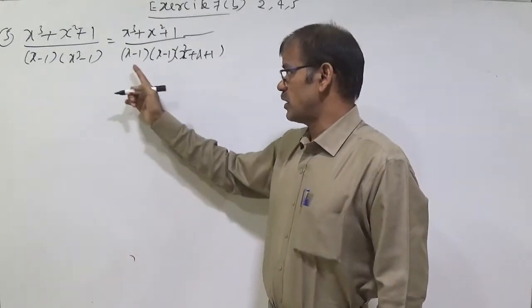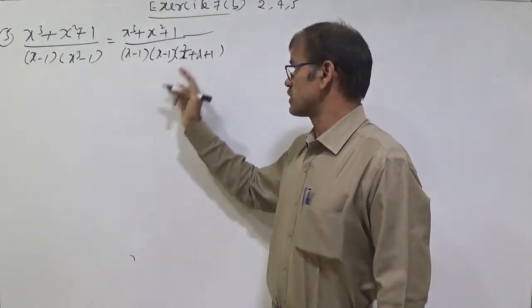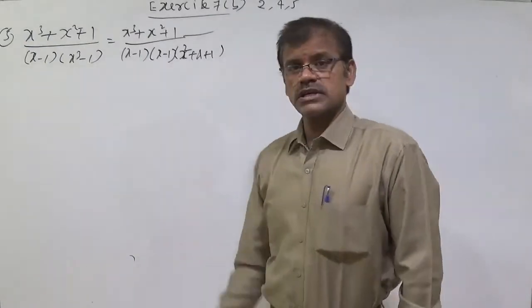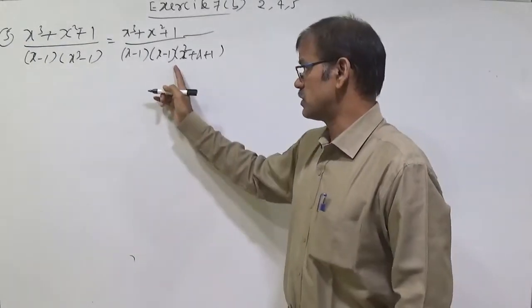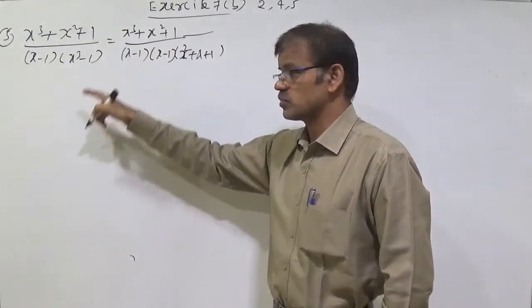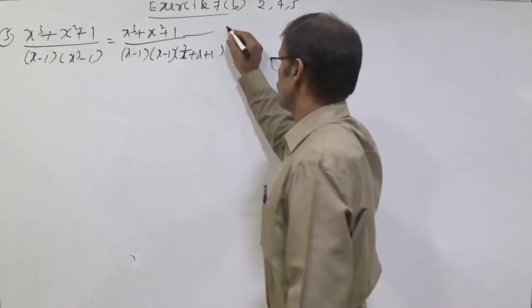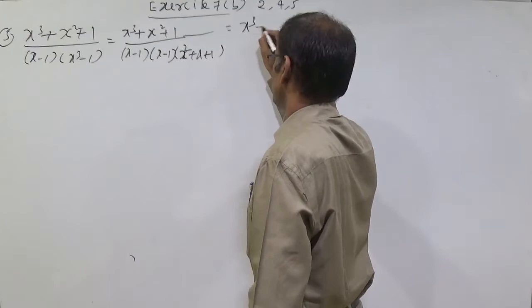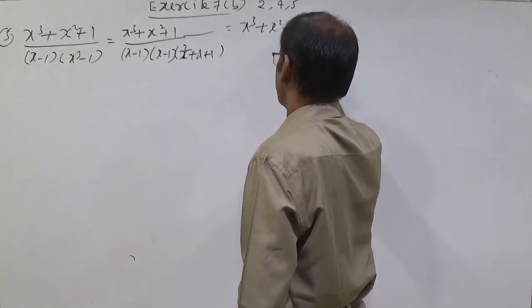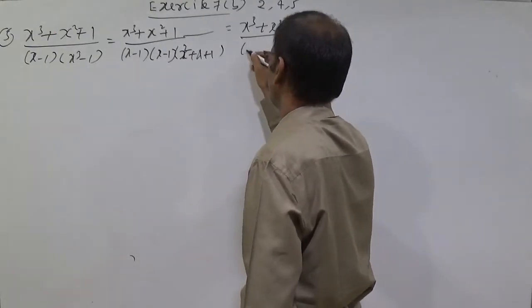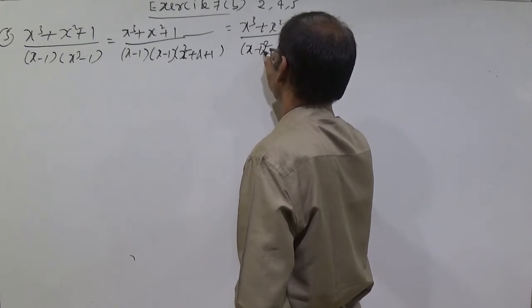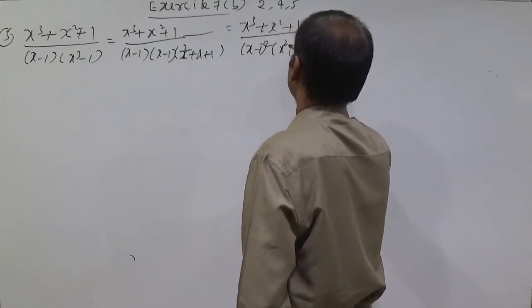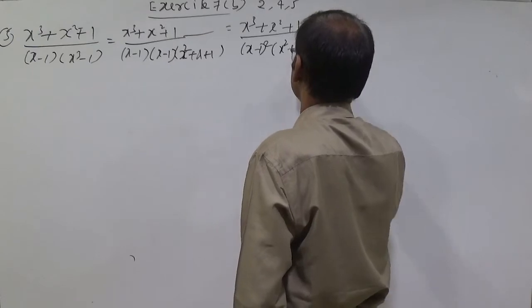In the similar way here, x minus 1 into x square plus x plus 1. X square plus x plus 1 is an irreducible polynomial, x minus 1 is a factor of this one, and x minus 1 is given. Then you can write this question as x cube plus x square plus 1 whole by x minus 1 whole square into x square plus x plus 1.